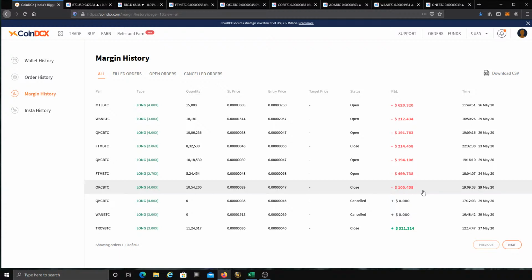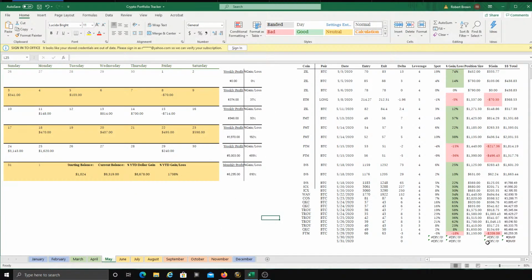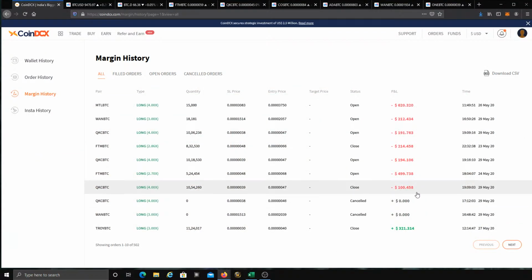I probably did that in my sleep or something. Okay, so that's one I missed there that I got a log. So somewhere in here should be another $100 loss or something. Okay, so all these open positions here, so these 2 and then these 3 added up might be about $1,500 in loss.